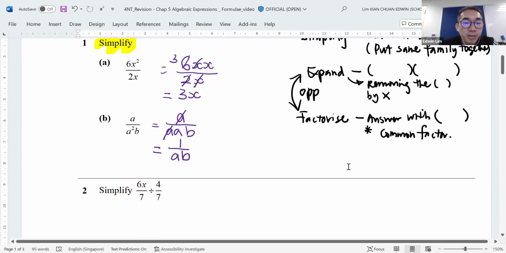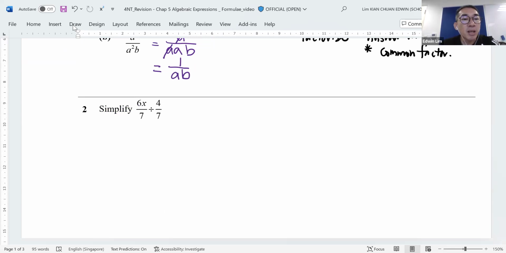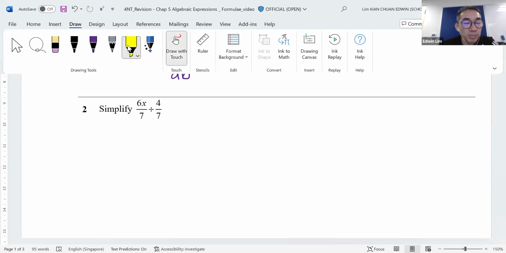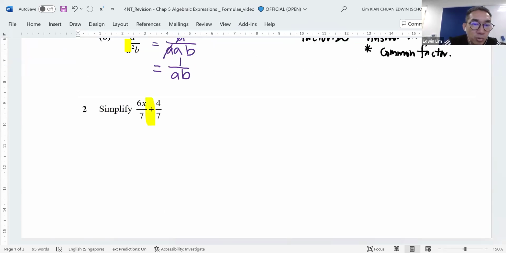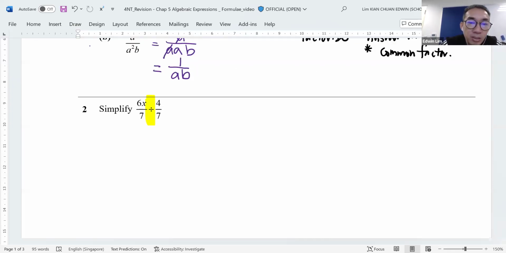Next question. Simplify 6x over 7 divided by 4 over 7. This is something that you have learned in primary school. You can never do algebra using divide. Normally, we need to do something to it before we can start working on it. We have to do this.